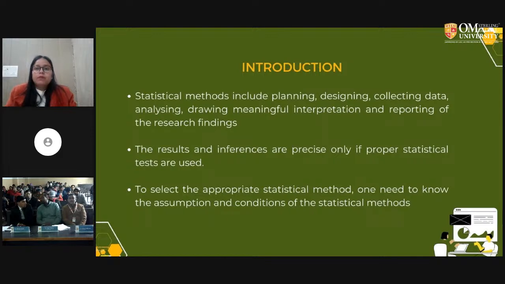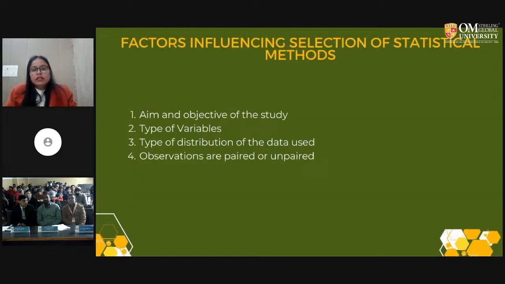Second can be the type of variables. How many types of variables are there? Is there one variable in the study, or are there two variables, or more than two variables? That will also affect the selection of the statistical method. Third could be the type of distribution of the data we are using, whether your data is normally distributed or not normally distributed.